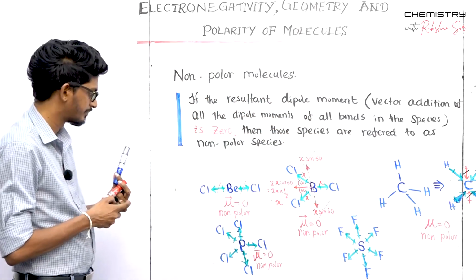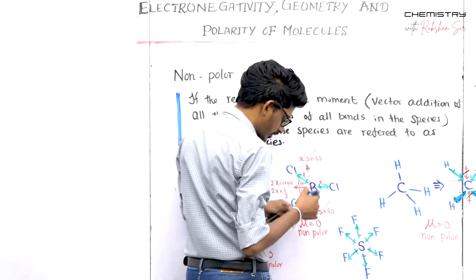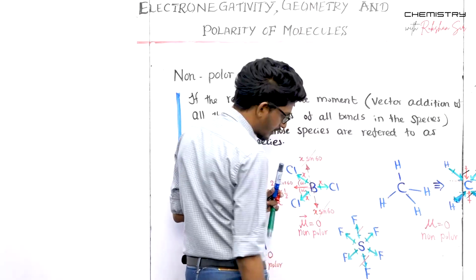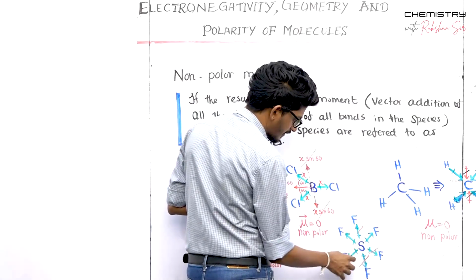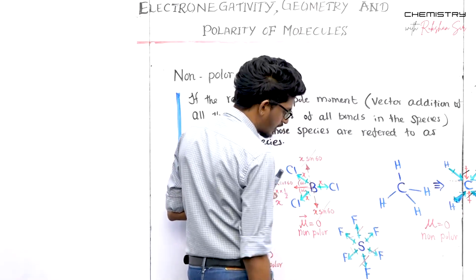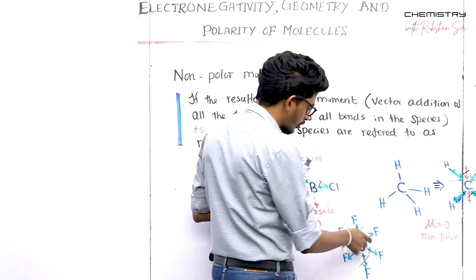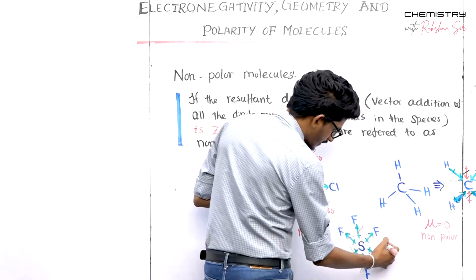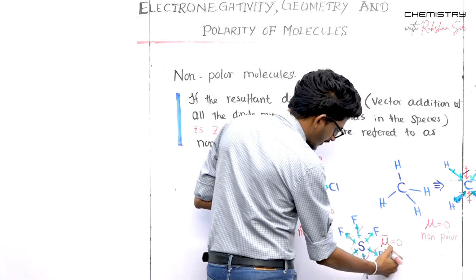So when it comes to this, you clearly see the up and down, the 2 dipole moments will cancel off first. And then these two are with opposite sides, cancel off. These two are also with opposite directions, those will also cancel off. So all the 6 dipole moments will cancel off, as those are with the same magnitude and opposite directions, right? So the net dipole moment is going to be 0, so it is also non-polar.